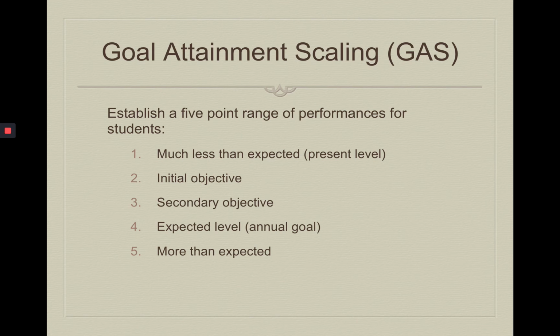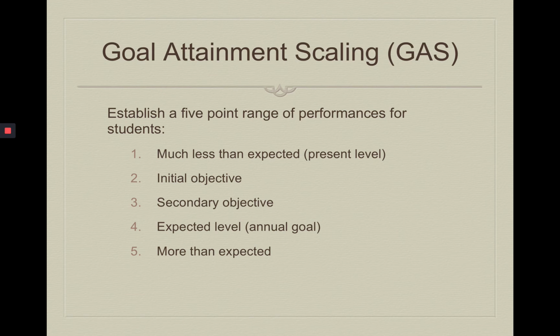The reason they have an IEP objective on this target skill is because they're not doing that skill yet. So they're usually at level 1, meaning they are demonstrating this target skill much less than what we expect from a student of their same age, their same level. Essentially, level 1 is what they're currently doing, their present level of performance.